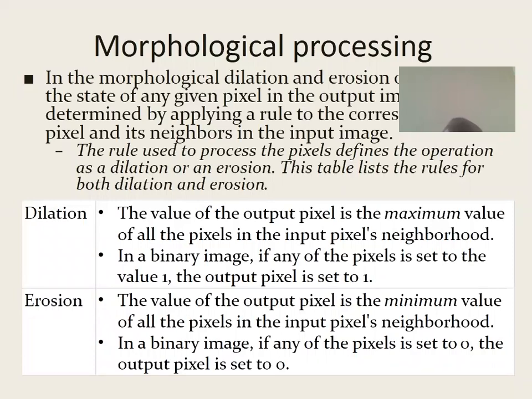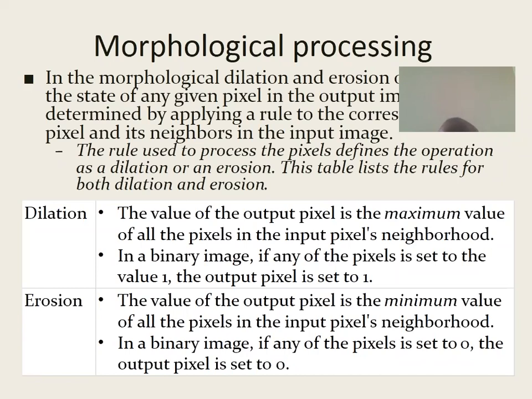While the pixel is part of the background, it may be added to the picture. So dilation is trying to improve picture elements, while erosion is trying to improve background. So erosion is trying to erode, reduce picture elements, and dilation is trying to add pixels to the picture element.